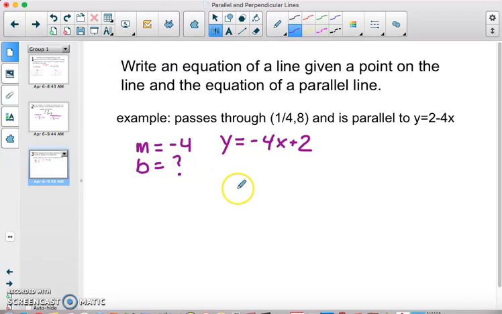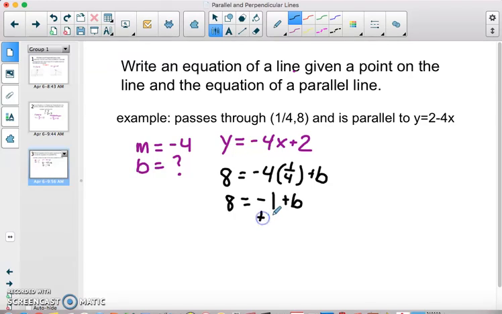So to find that, we're going to plug in the point given into our equation. So y is 8. We're keeping the same slope and plug in 1/4 for x. And we want to solve for the y-intercept, so we're going to have plus b. So here we have negative 4 times 1/4 is negative 1 plus b.